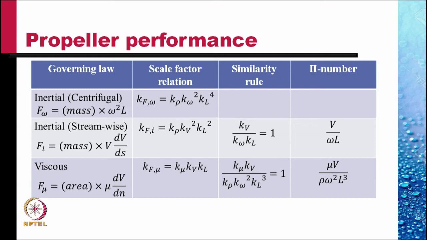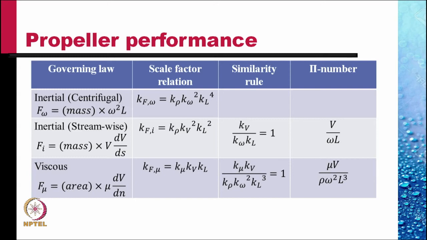Similarly, the viscous force is the area times the viscous shear stress, which is mu dV by dN. And that in scale factor terms gives you Kf mu is equal to K mu Kv KL. From this, we establish the similarity rule that Kv by K omega KL should be 1 and K mu Kv divided by K rho K omega square KL raised to power 3 should be 1.